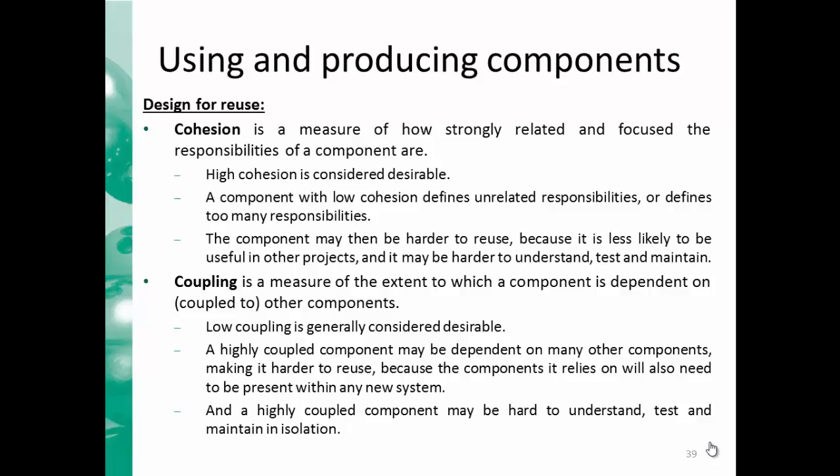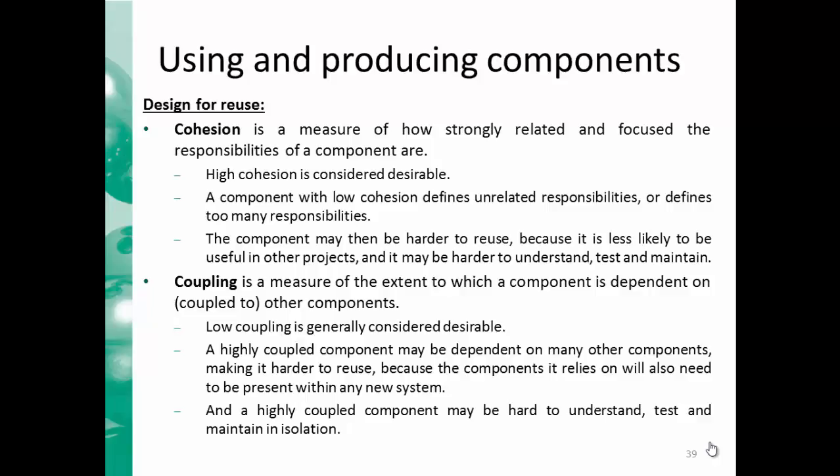So high cohesion is considered desirable. A component with low cohesion defines unrelated responsibilities and is not very useful in component-based development. So build your component to have high cohesion.